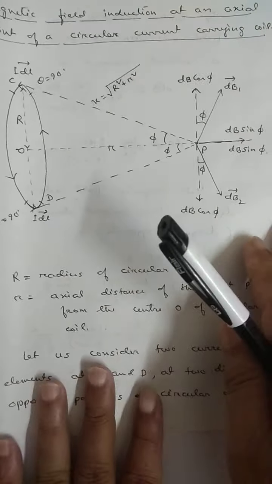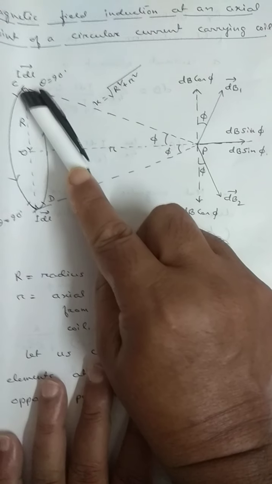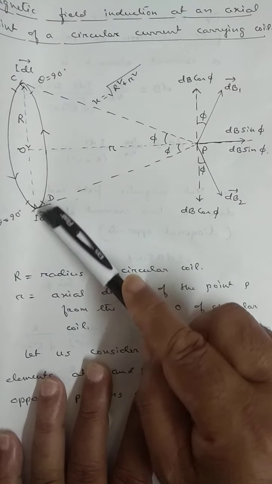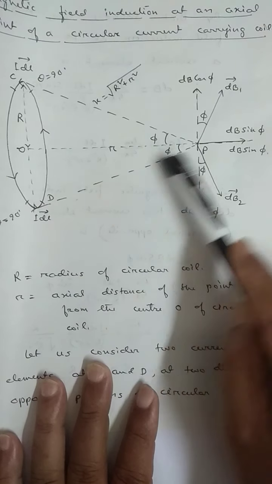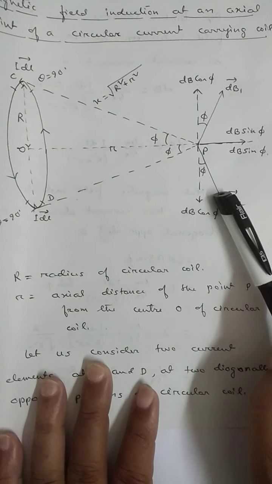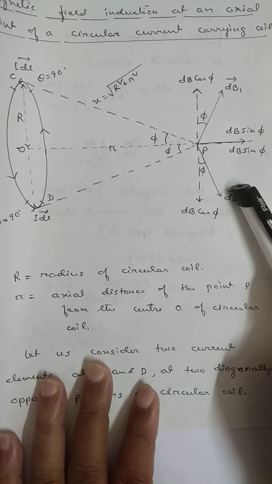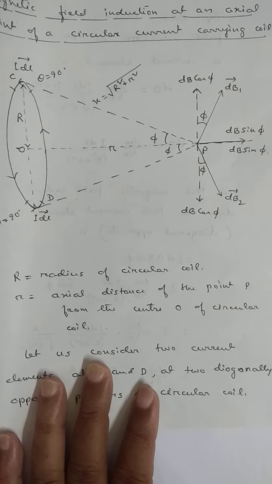That means at this point, due to the current element at C, this is the direction of dB1, and due to the current element at D, this is the direction of dB2. Both dB1 and dB2 have equal magnitude, but their directions are different.